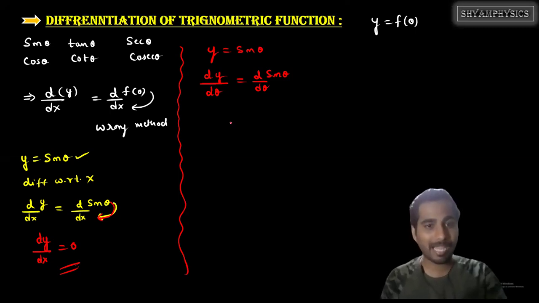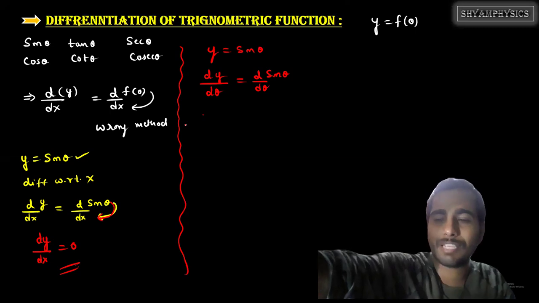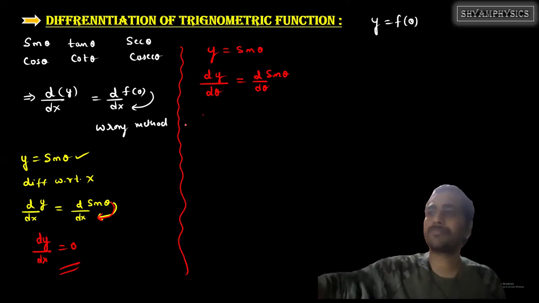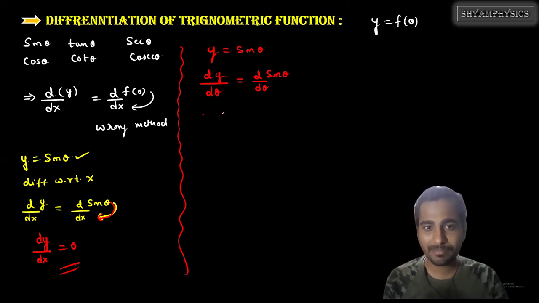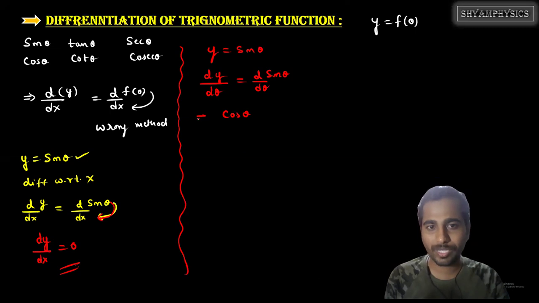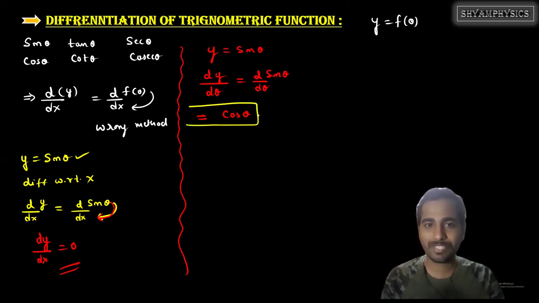Basically, you need to remember the answers. Differentiation of function sin theta with respect to d theta, the answer is basically cos theta. Okay now. What is the differentiation of sin theta? Cos theta. First solution, important.